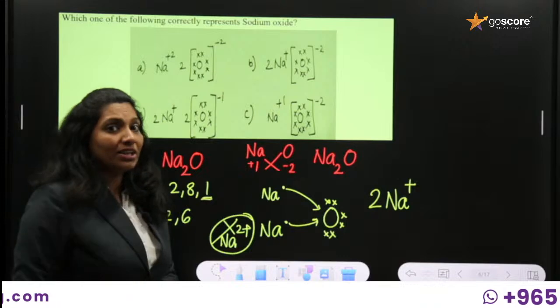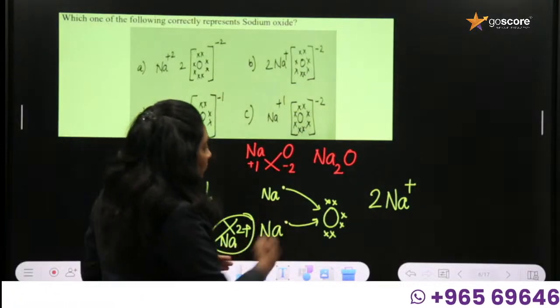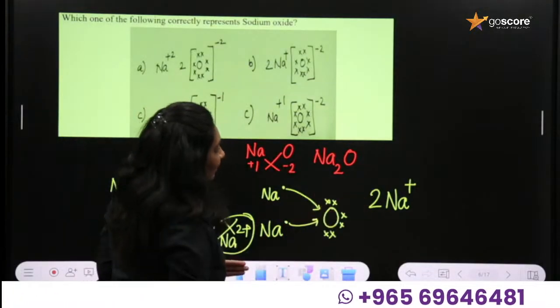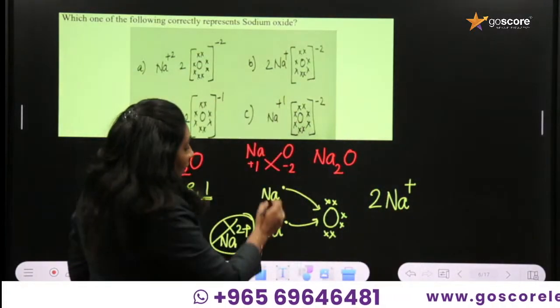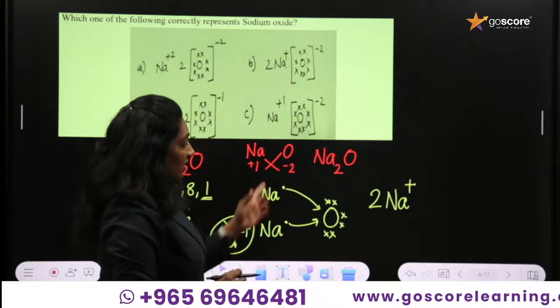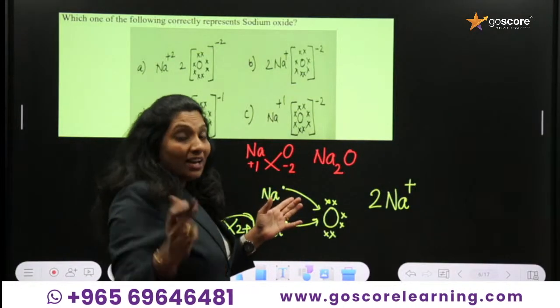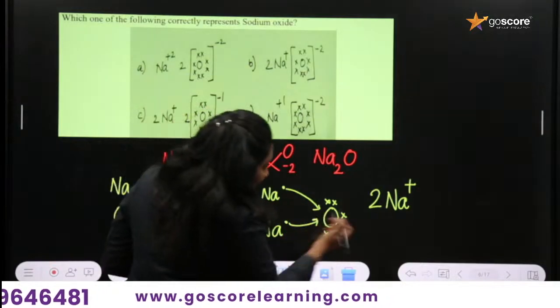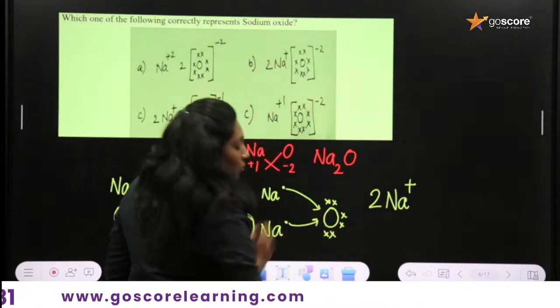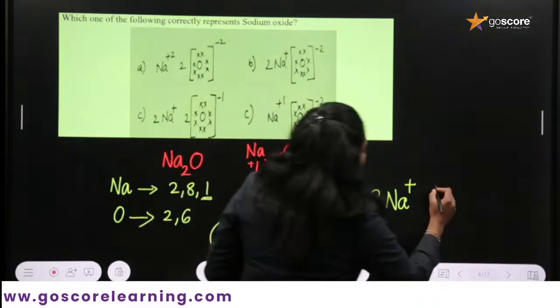It is not the electron dot structure. So when you are writing the configuration, it will be 2 Na plus. We have 2 sodium atoms, each one losing 1 valence electron to form Na plus ions. And as oxygen is gaining 2 electrons, it will form what?